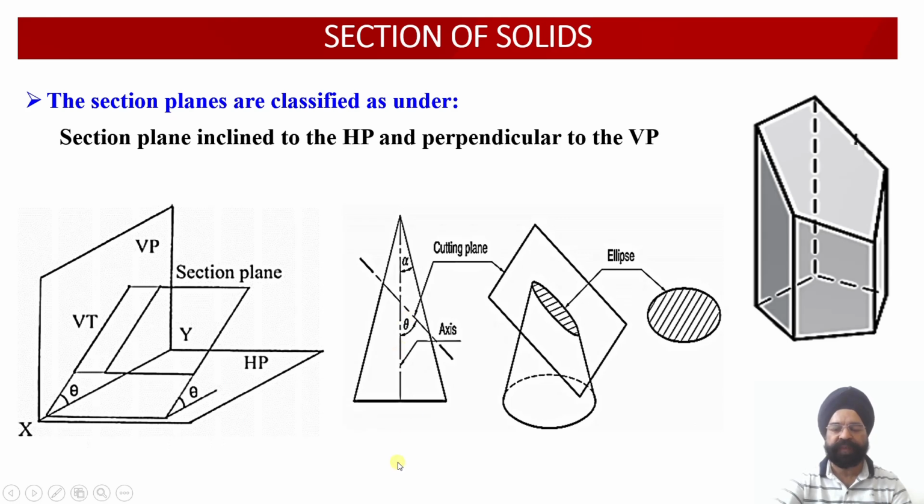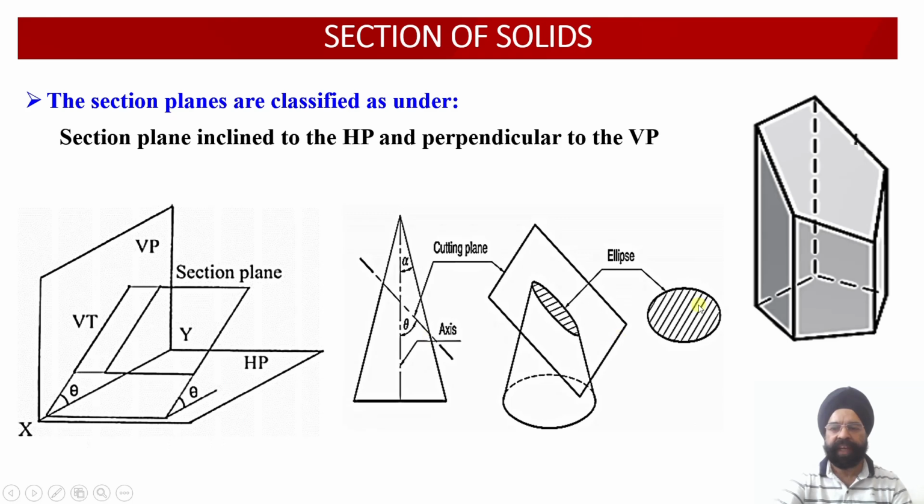So the projections which are obtained on the horizontal plane in the top view will only represent the shortened view of this cut section. That is, we are going to get the section top view showing the apparent shape of this cut section.